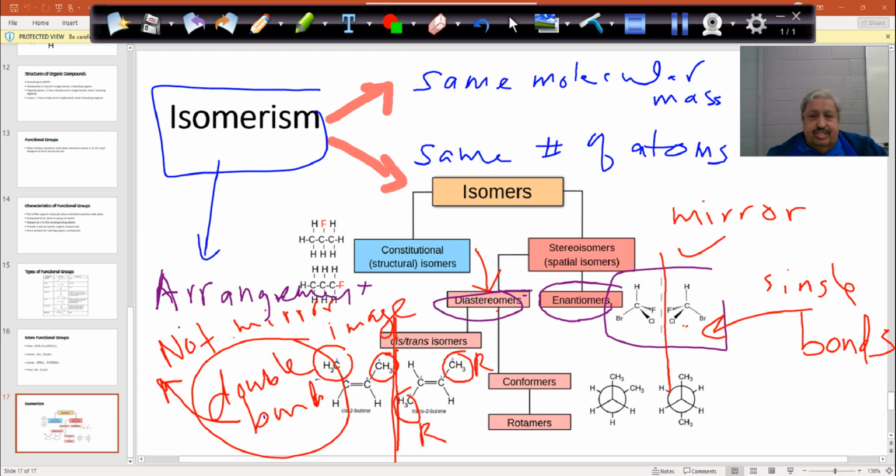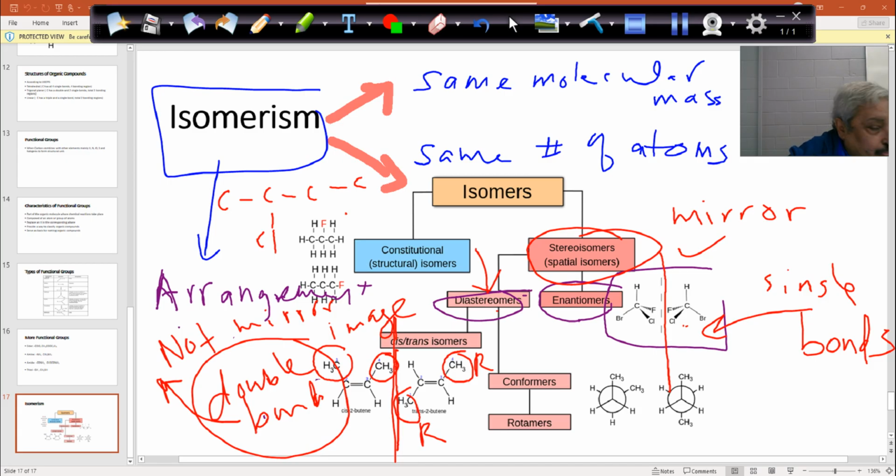The constitutional, that's stereoisomerism. We talked about this. Constitutional is how you look at the whole compound and where the atoms are found, correct? For example, I put chlorine on a four-carbon chain. That's an alkane, chlorobutane, correct?